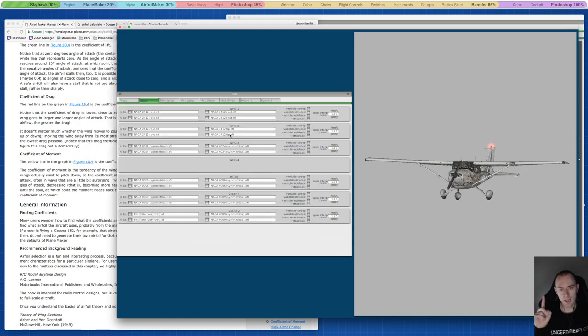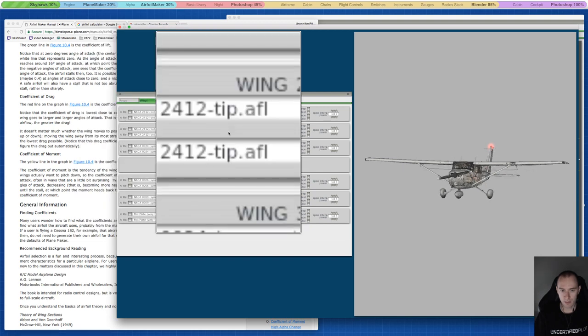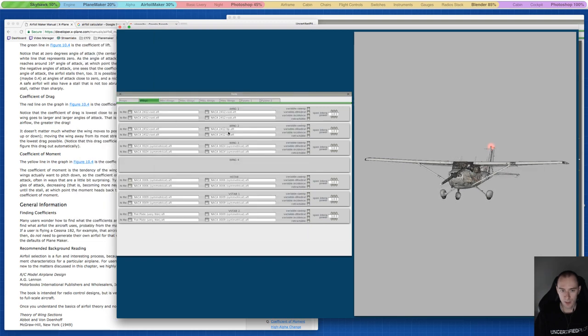Because we know that AirfoilMaker averages out this root airfoil and that root airfoil, and everything in between is being divided equally, I guess, or changed up equally so it goes from root to that tip airfoil.